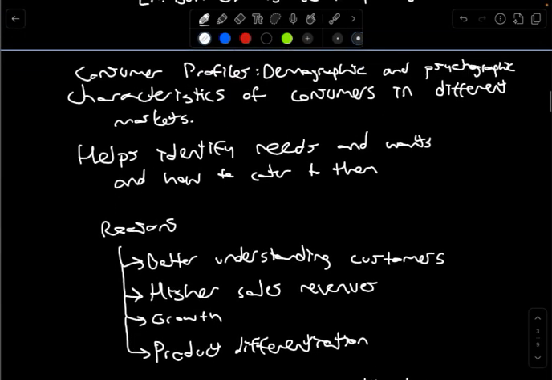So again, the primary reasons include to better understand customers, to generate higher sales revenues, growth, for example, growth of market share and growth of profit, and then differentiating the product compared to competitors in the market. USP is a great concept, and we will talk about this later in the video.